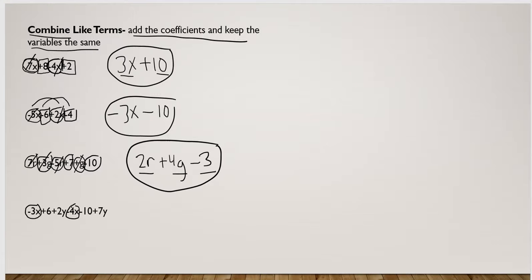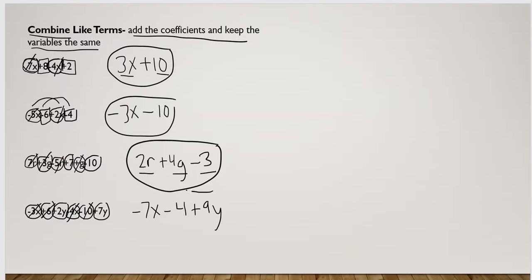So negative 3 plus negative 4 is negative 7x. We can also combine the positive 6 with the negative 10, and that would be negative 4. And we can combine the positive 2y with the positive 7y, and that would be positive 9y.